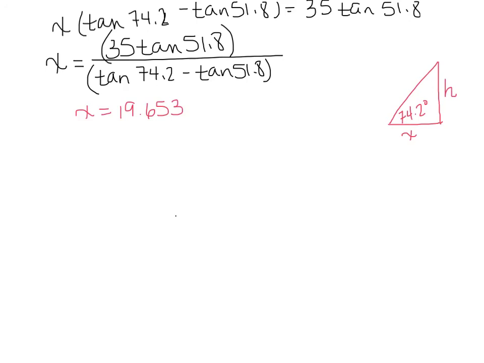So now I have a value of X. And from the previous slide, we also had the ratio, that tangent of 74.2 was equal to H over X. In this case, that would be H over 19.653. So I can solve that.